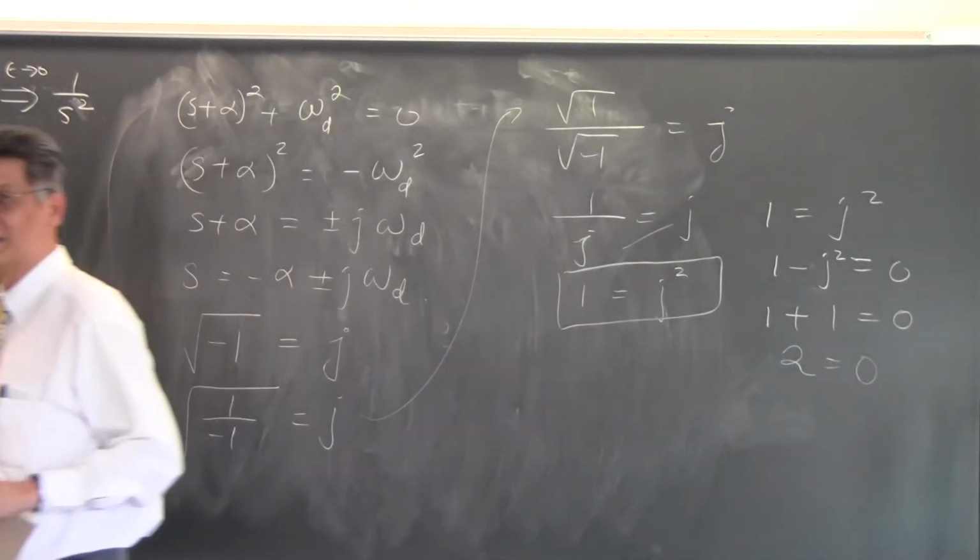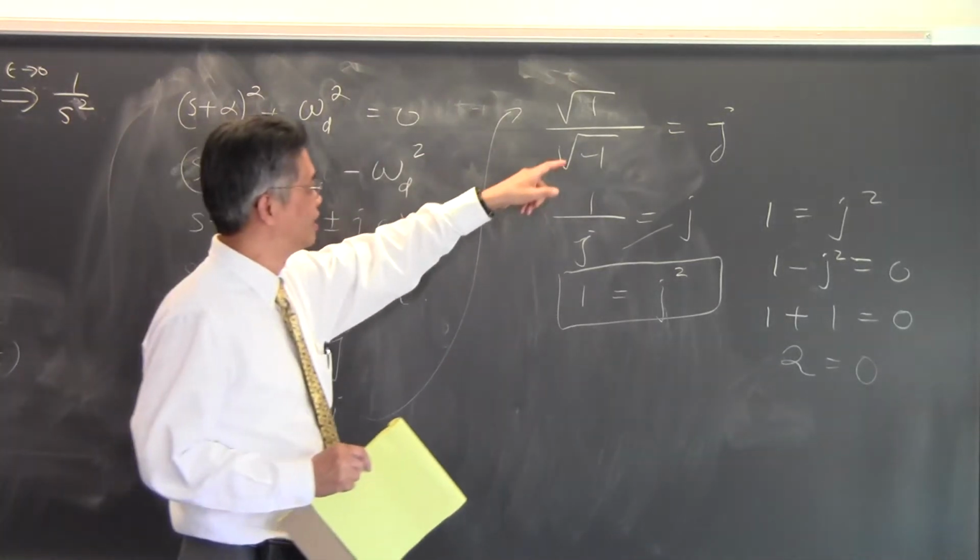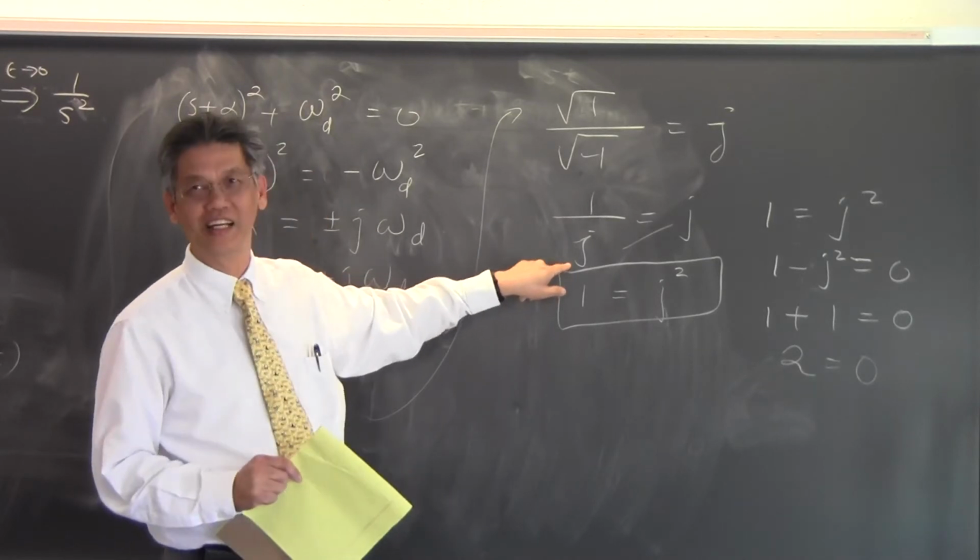Yes, Alex, what do you think? In that square root, you have 1 over negative 1 is equal to j, but when you split it up into root 1 over root negative 1, shouldn't there be a root 1 in the numerator above that j over there? Yes. Root 1, right? Root 1 is 1, isn't it? Yeah, root 1 is 1. Root 1 equals 1. Root of minus 1 is j.